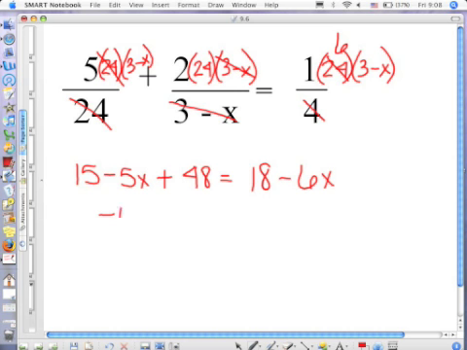I'm going to put my like terms together on the left-hand side. 15 plus 48 is 63. I'm going to add 6x to both sides to keep my x's positive.